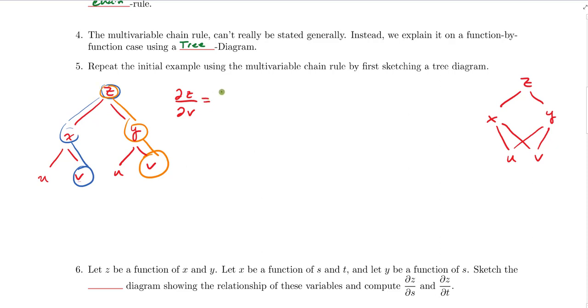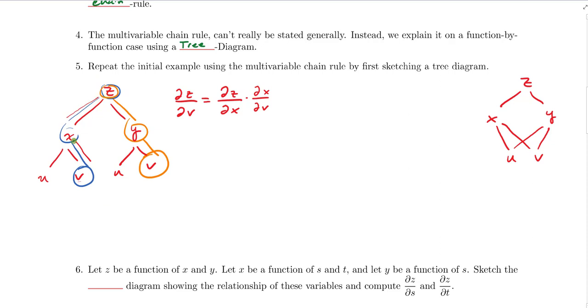So here's how we're going to construct this. We're going to say that partial z, partial v is equal to partial z, partial x, where that's running that leg of that branch, and then partial x, partial v. So what we have here is this tree is sort of a mnemonic way for remembering how to compute the chain rule.